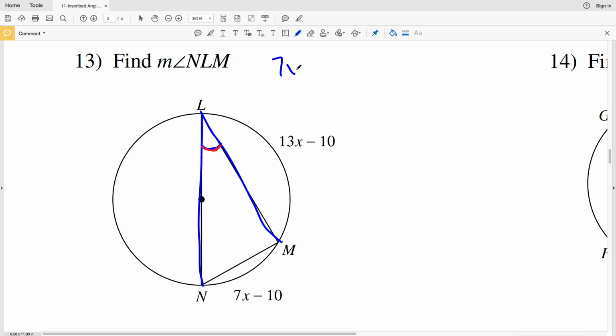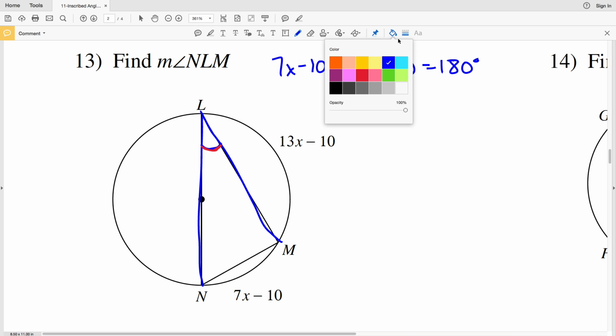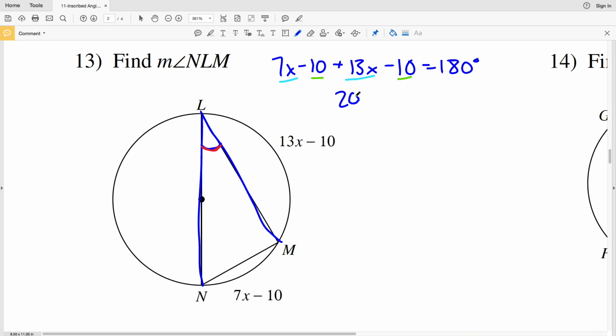So I'll have 7x minus 10 plus 13x minus 10 equal to 180 degrees. So I'm going to solve for x in order to solve for NLM. Combining my like terms, 7x plus 13x, and I'm going to combine negative 10 and negative 10. 7x plus 13x is 20x, and then I'm going to subtract 20, and that's equal to 180 degrees.